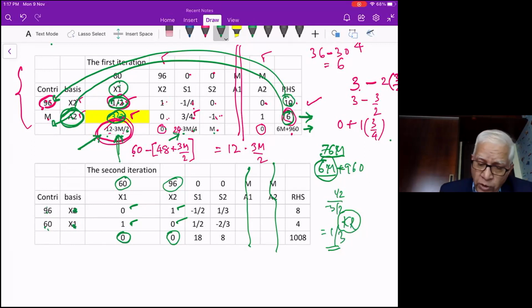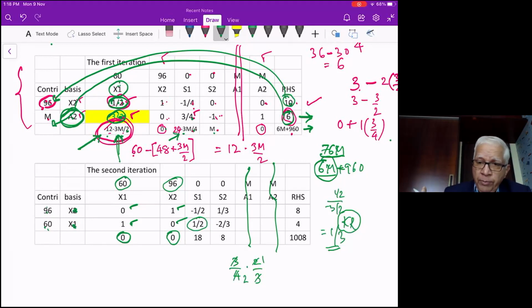So let's take the old numbers divided by the key number. 1, 0, 0, 1 we have already written. The second row is the key row. The old numbers are 3 by 2, 3 by 4. This is to be divided by 3 by 2, or in other words, multiplied by 2 by 3. 3 and 3 get cancelled, and 2 and 2. So 1 by 2 is the new number.